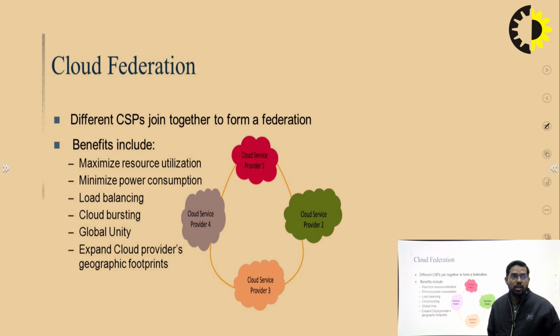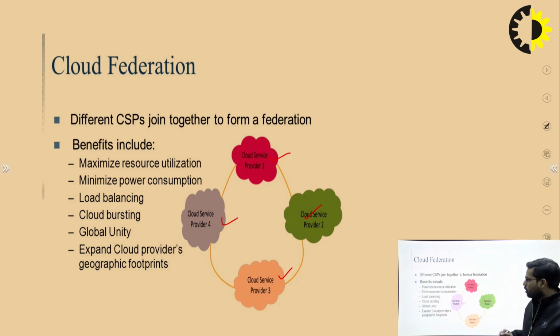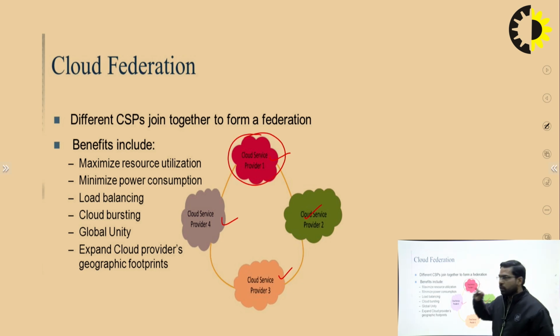So what is cloud federation? Different CSPs join together to form a federation, like this. Provider 1, provider 2, provider 3 and provider 4 all are joined together to perform the task. There are lots of benefits. Maximize resource utilization: if this user has resources, then we can easily use these resources.